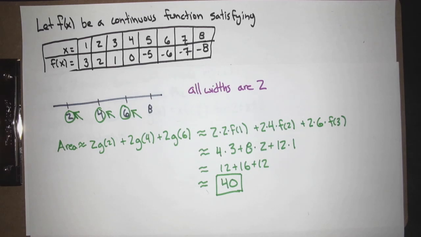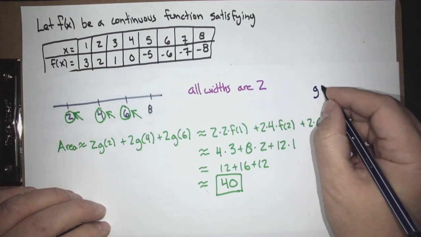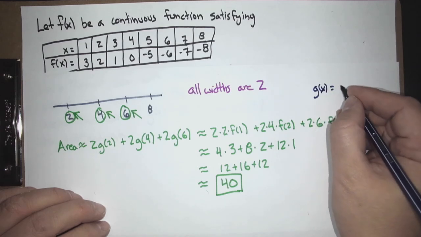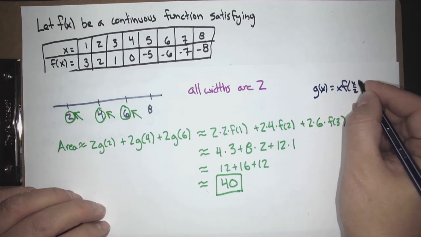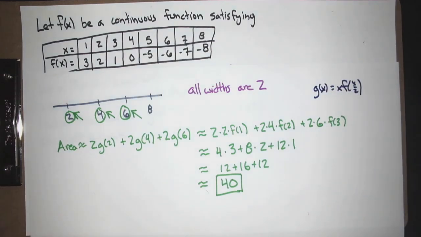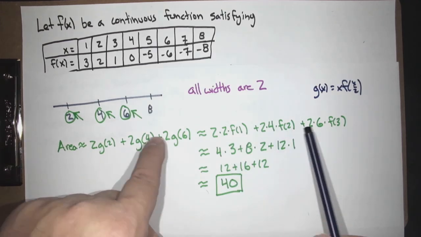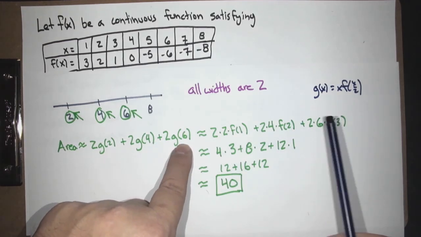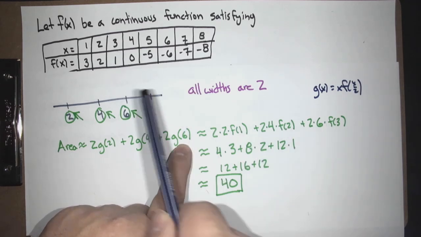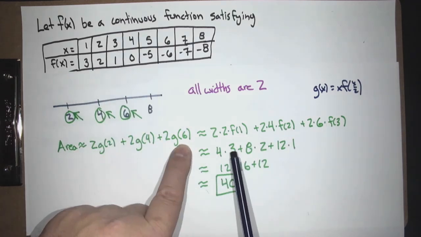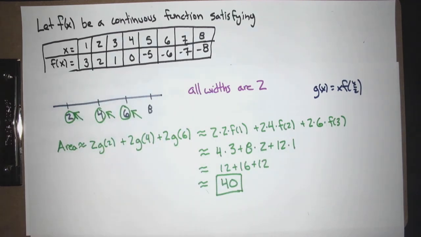You plug it in. So recall, you can't see it because it's hidden right now, but g of x is equal to x f x over 2. So you get 2f of 1, 4f of 2, 6f of 3. How do we get f of 1, f of 2, f of 3? We've got a table. So we put those values in, and we get 40.